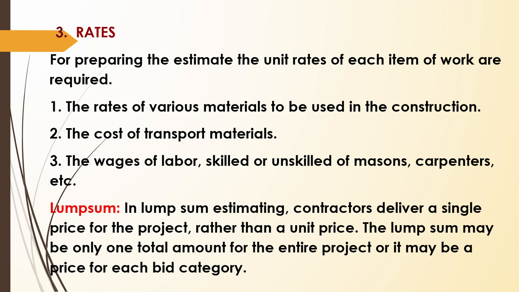In some other cases, for example electrical charges, it is not per unit; it is a lump sum amount. The total cost we add as a single unit, not as per unit. So that is known as lump sum, that is just a term.